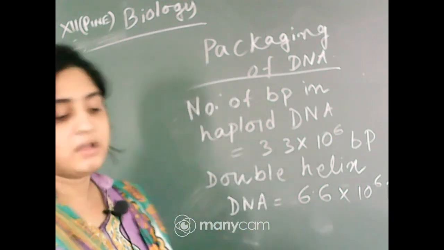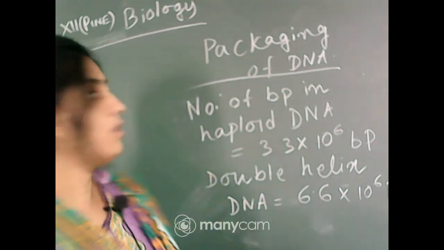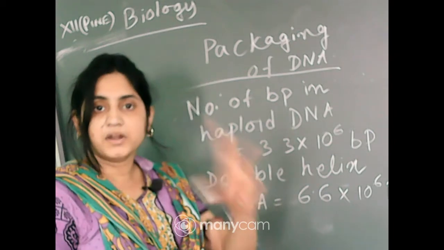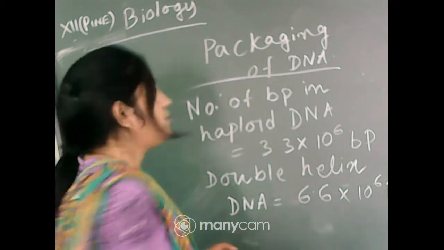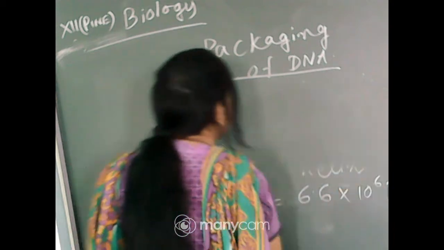So, the length of the DNA is always calculated by multiplying the number of base pairs by the distance between the base pairs, okay.